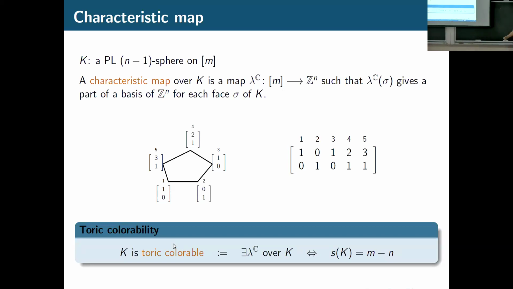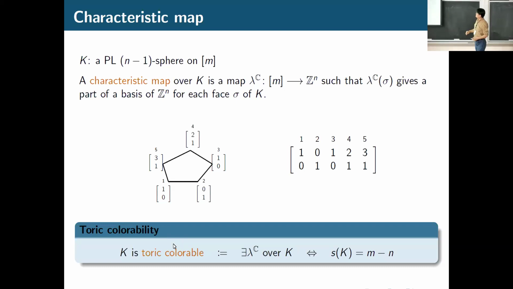So this is an example of a characteristic map. Then it is known that if there is a characteristic map over K, then the Buchstaber number is maximal. For simplicity, if K satisfies this condition, K is said to be toric colorable.